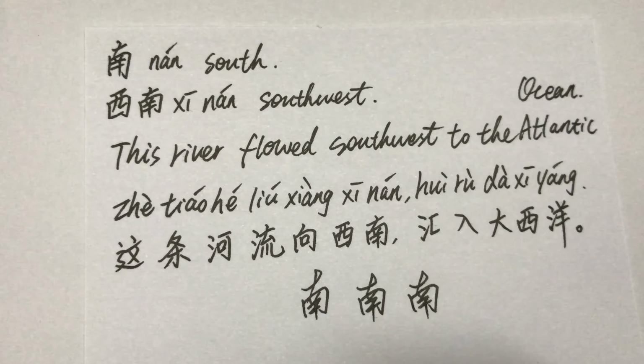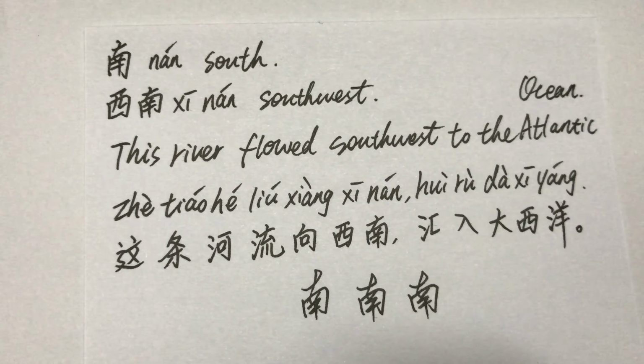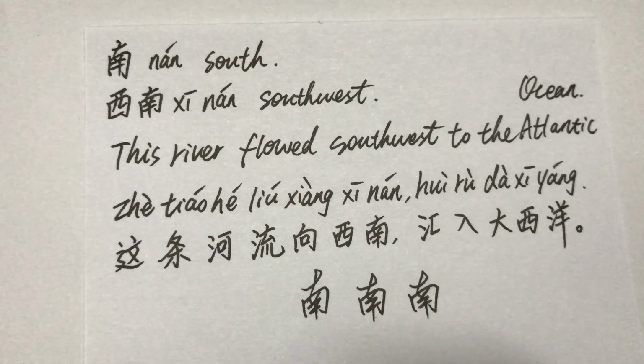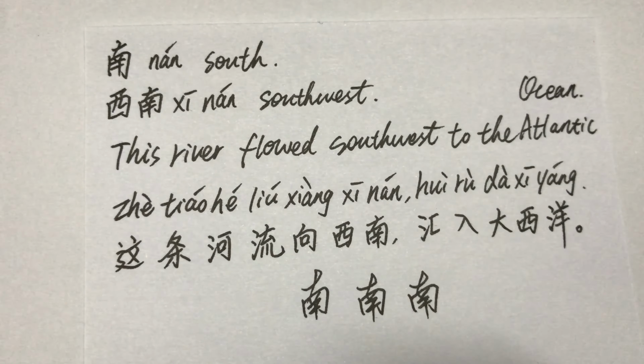This river flowed southwest to the Atlantic Ocean. 这条河流向西南，汇入大西洋。南。Okay, please comment any words or sentence with the character nan.